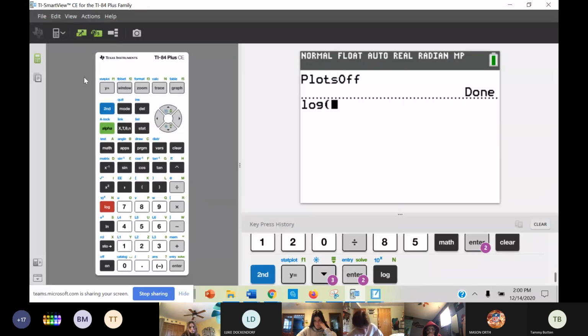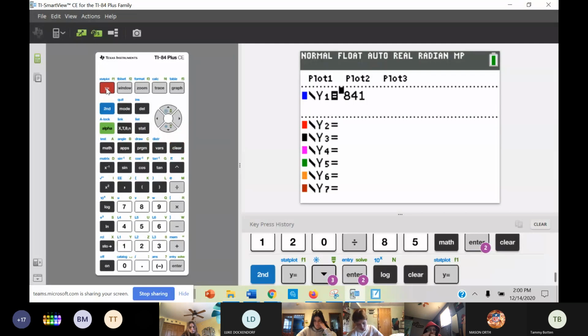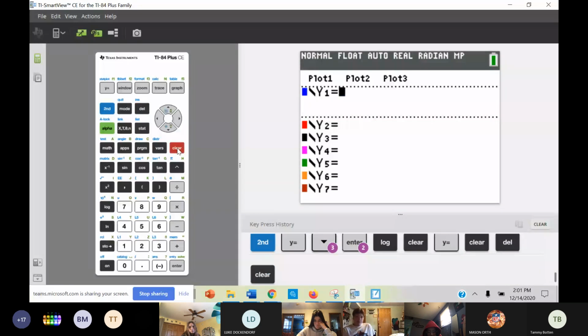So now I'm going to show you how to graph a line. What I'm going to have you do is go to your y equals key in the upper left-hand corner. If you have anything in here at all, you're going to want to delete or clear it. You should be able to go on that line and just hit clear.